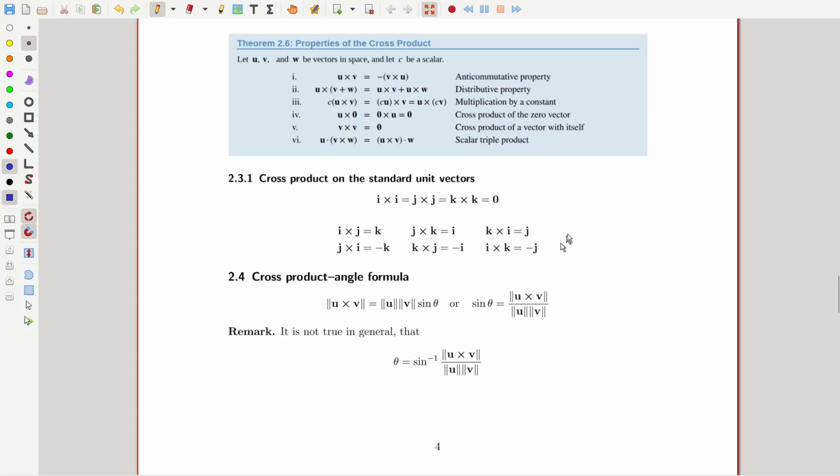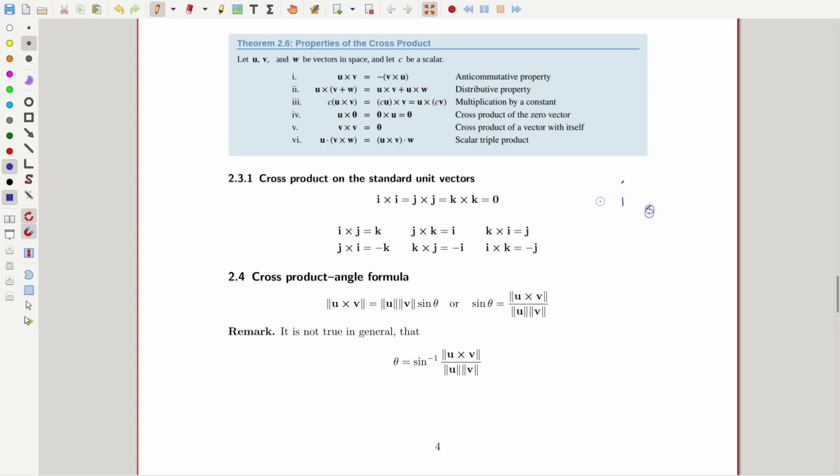This is basically a multiplication table for i, j and k using the cross product. Notice that this first line is the result of part 5, saying that the cross product of any vector with itself is the zero vector. With these three, the mnemonic is the following.